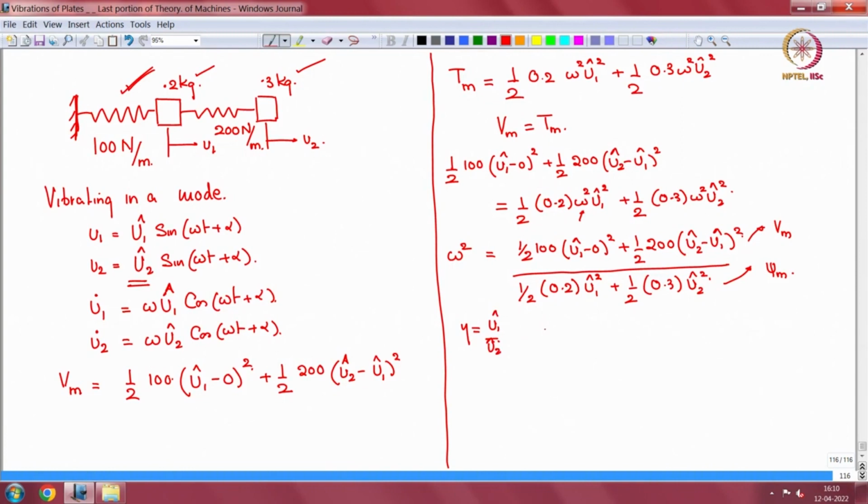This ends up looking like omega square is equal to 100 eta squared plus 200 into 1 minus eta squared, divided by 0.3 plus 0.2 eta squared.